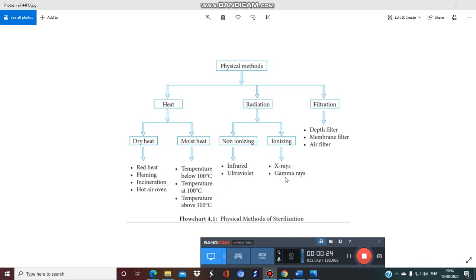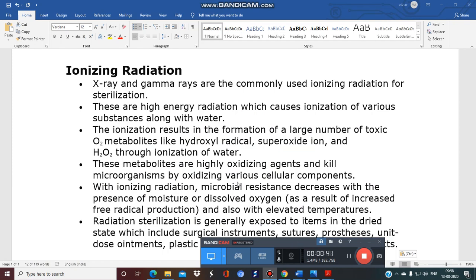So in this video tutorial, we are going to cover the two ionizing methods of sterilization technique, that is X-rays and gamma rays. How do X-rays and gamma rays act as a sterilizing agent? So let's see. X-rays and gamma rays are the most commonly used ionizing radiation for sterilization.